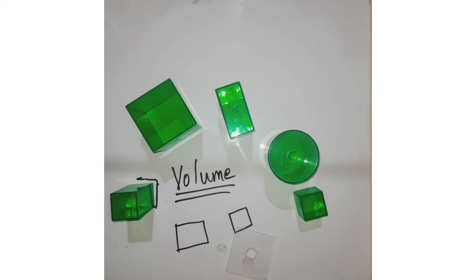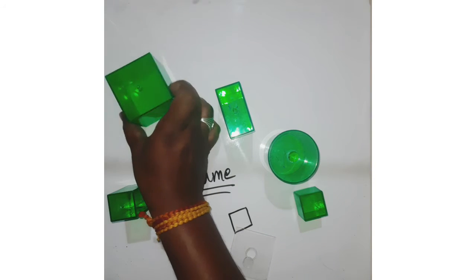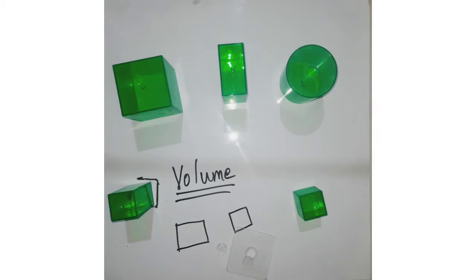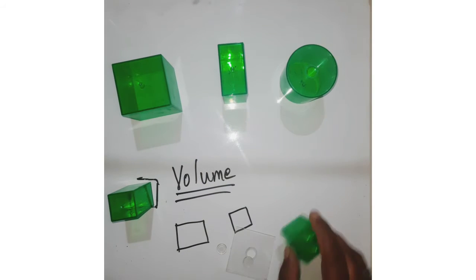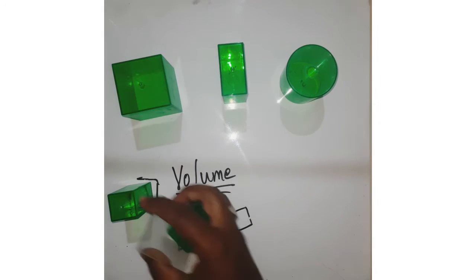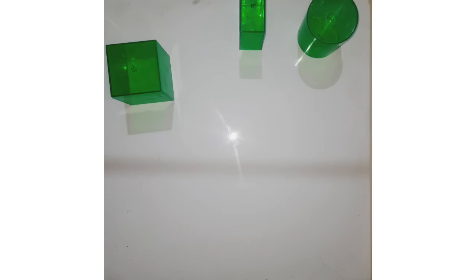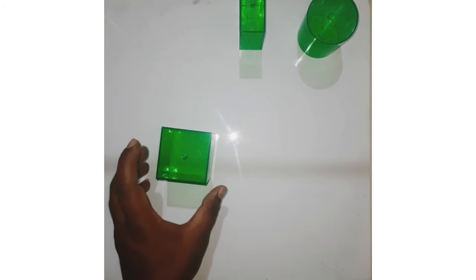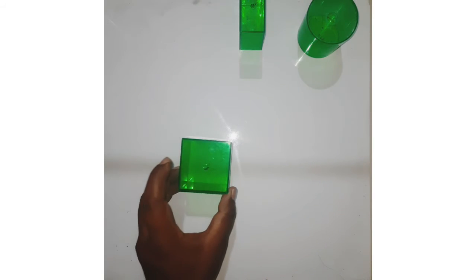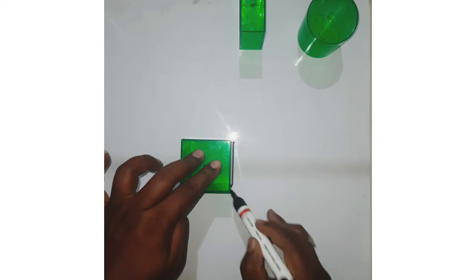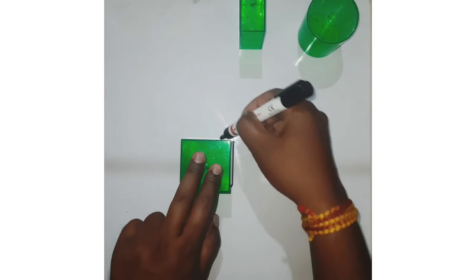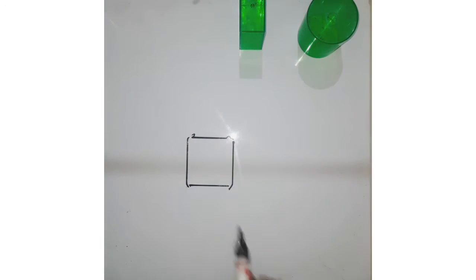So today we are going to learn the volume of these three-dimensional shapes: cube, cuboid, and cylinder. First, we'll deduce its formula. How can we define its volume? Just observe this shape. When I am placing it here, the space is completely empty. Whatever is its base area, it is occupying that much area.